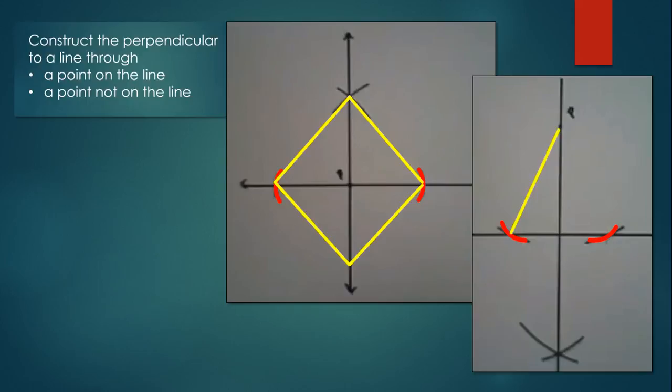Now, since we didn't change the size of the compass from these two arcs to these two arcs, we really constructed a rhombus. And you can see that what we have is two line segments now that really are the diagonals of the rhombus, and we know that the diagonals of a rhombus are perpendicular to each other.